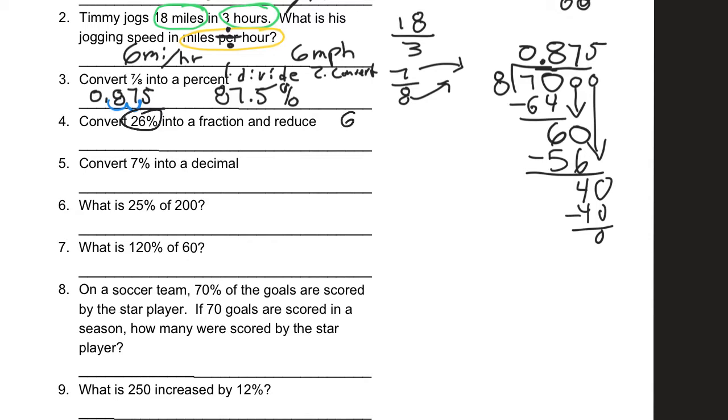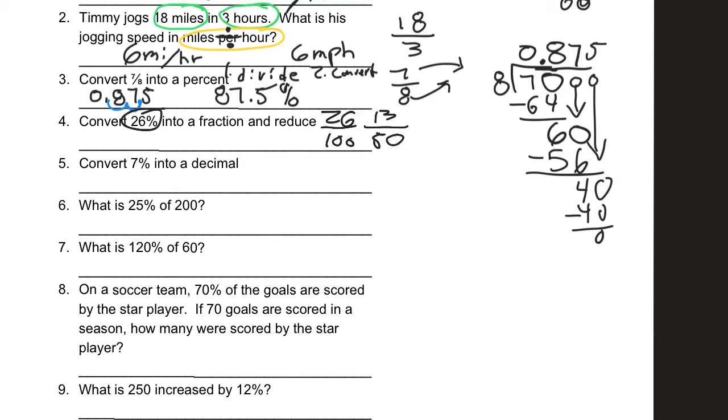Okay, so if I do that, I get 26 over 100. Can I reduce? Well, if they're both even, I can reduce. I know for sure both are divisible by 2 because they're both even. So 26 divided by 2 is 13. 100 divided by 2 is 50. I have 13 over 50.